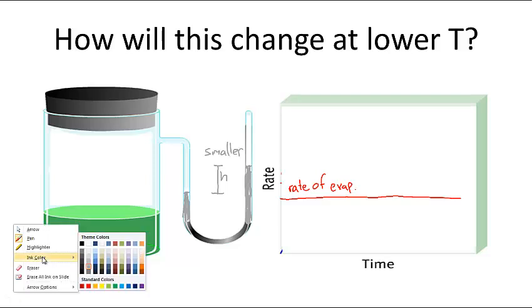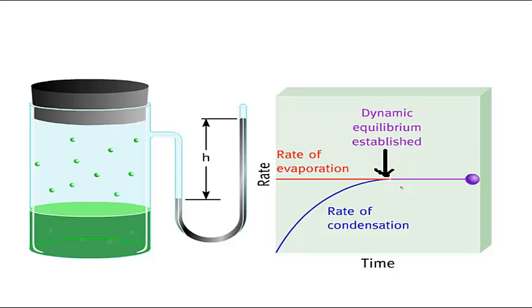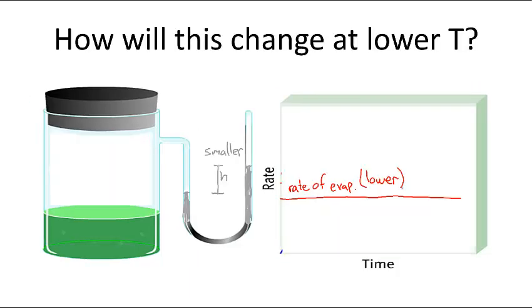So rate of evaporation lower. The height would be smaller. Max? Yeah, fewer vaporized particles. So we had 1, 2, 3, 4, 5, 6, 7, 8, 9, 10 in this picture. So in the new picture, maybe it would only be 6.